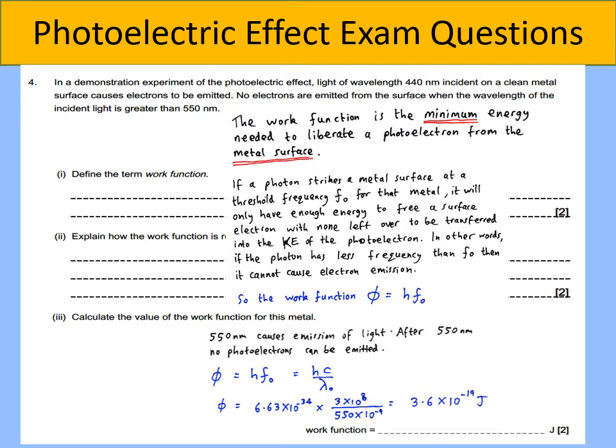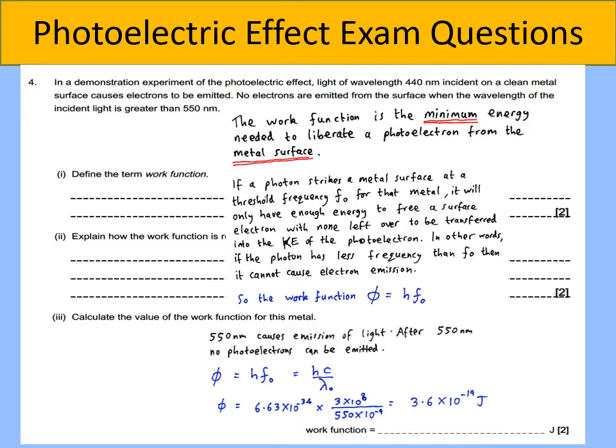So the work function is equal to hf0, which is also equal to hc over lambda naught, because we don't have the frequency, but we're given the wavelength. So the work function is equal to 6.63 times 10 to the power minus 34 multiplied by 3 times 10 to the power 8, the speed of light, divided by 550 times 10 to the power minus 9 meters, which is the wavelength of the incident light, and that is equal to 3.6 times 10 to the power minus 19 joules.